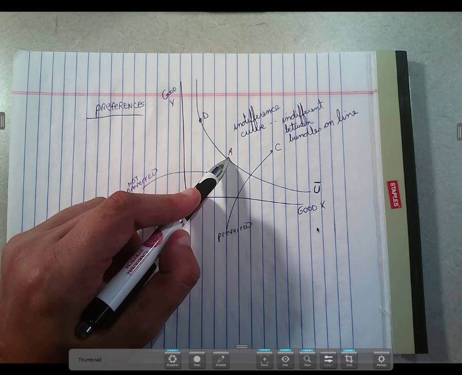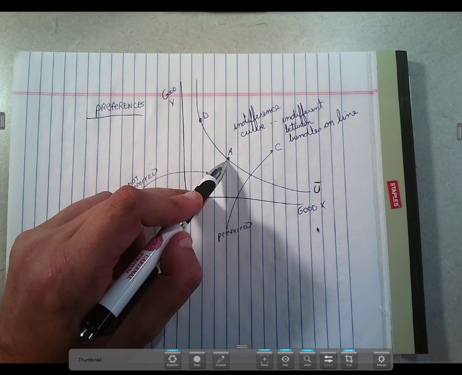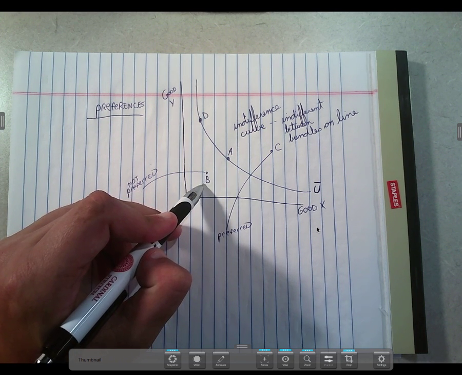A is preferred to B. And we can see that because A is on the indifference curve line, B is inside of it.